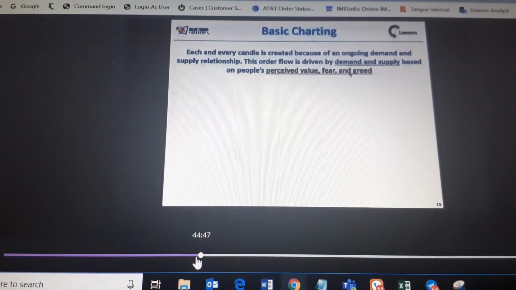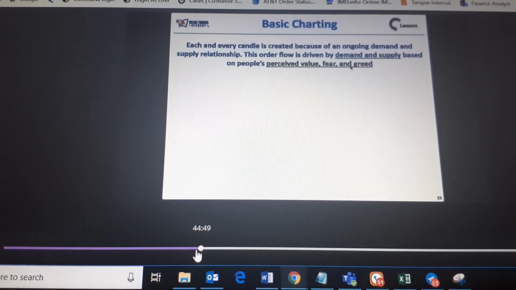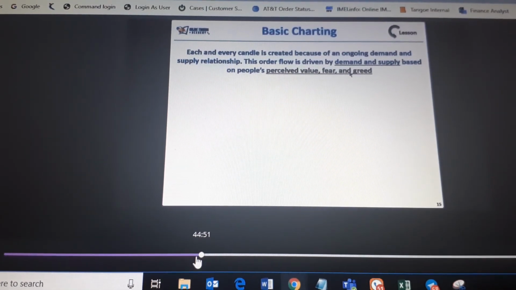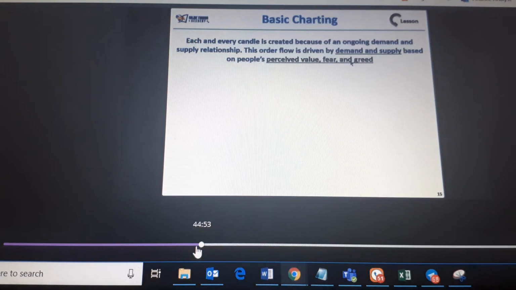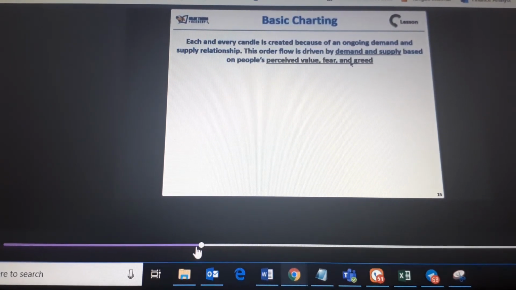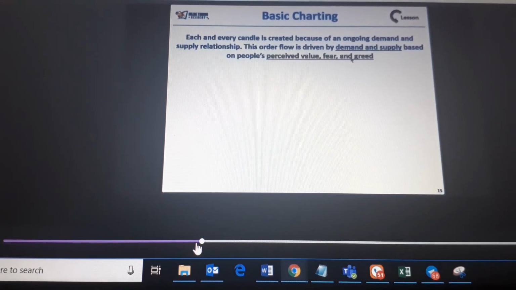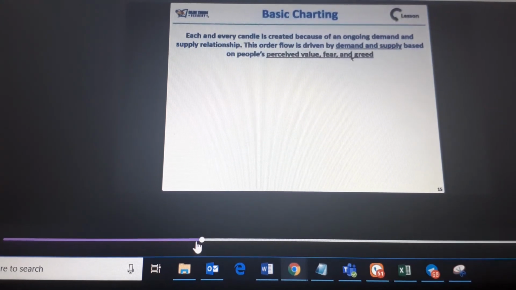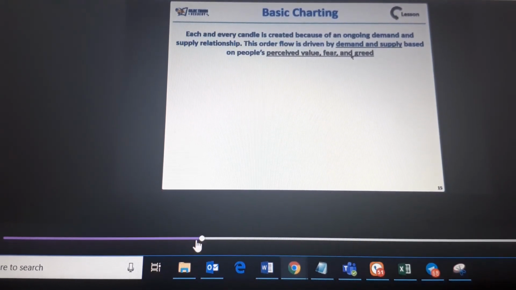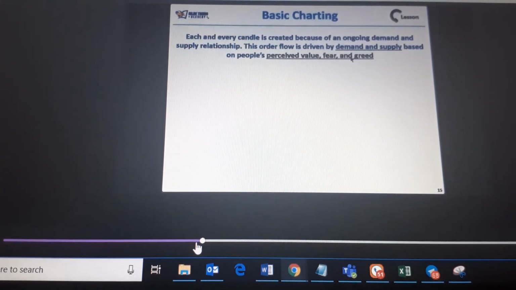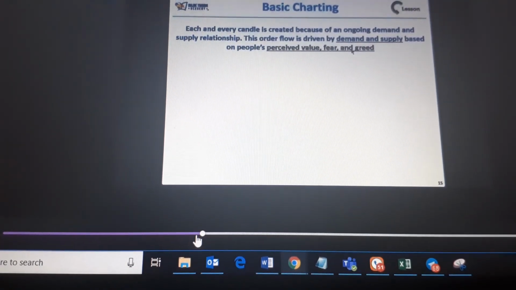If the news is good for that stock, then comes the greed. The prices are now going to go up. So what could happen is the prices might come into your supply zone, where supply is more than the demand, and then the prices might stop rising and start to come down.